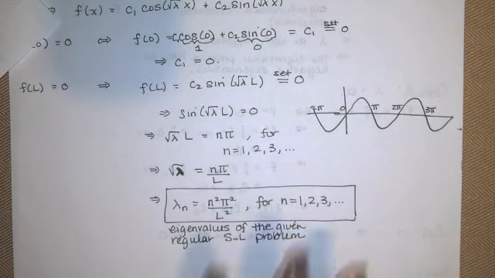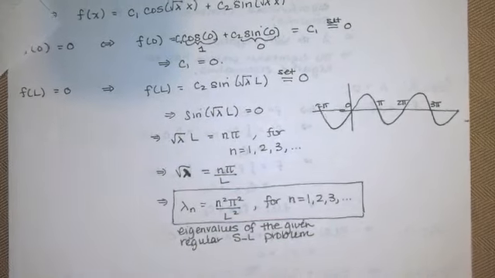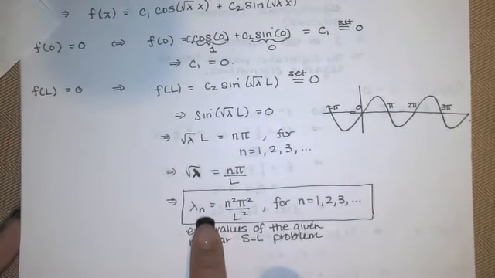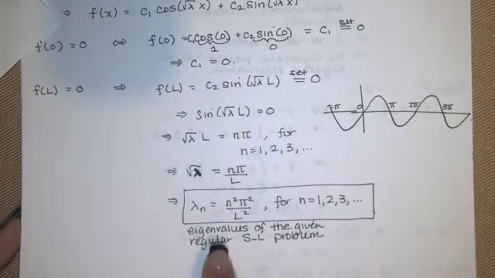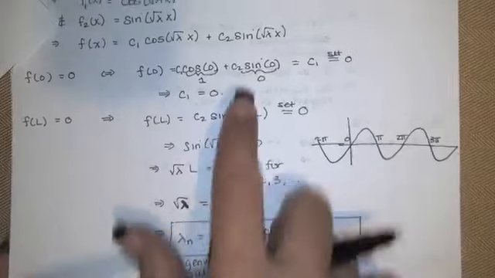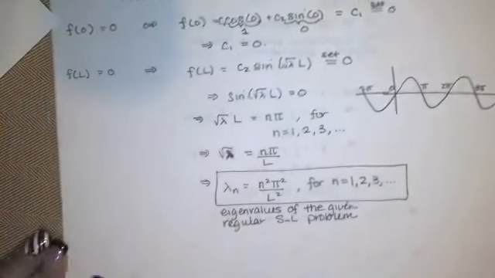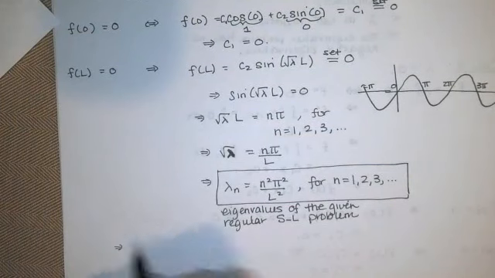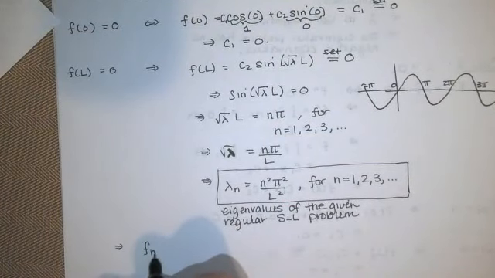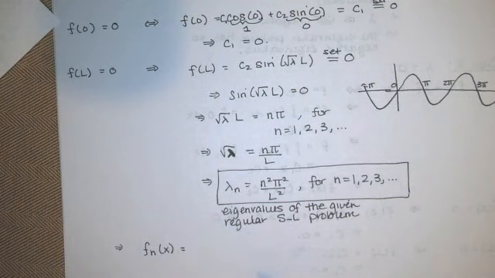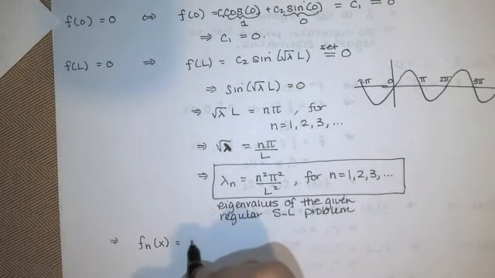Now, we're not just interested in finding the eigenvalues. Of course, we were asked to find the eigenfunctions as well. So once you've got your lambda sub n, and you know that C1 is 0, well, you can put the lambda sub n in right here to get the corresponding functions. Now, rather than writing f of x, we'll write f sub n of x, because there are infinitely many of these.